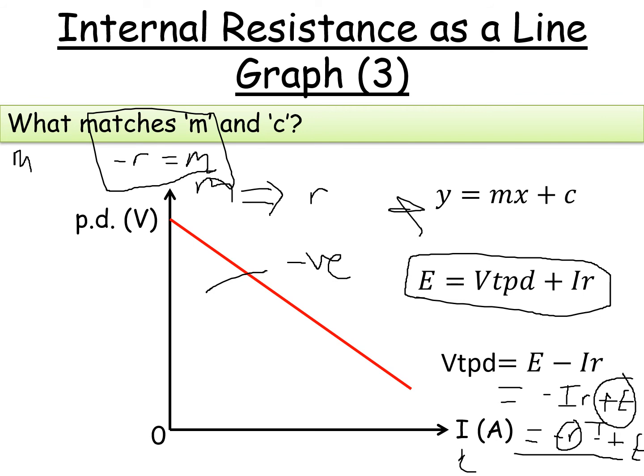Negative resistance has no meaning in physics as far as we know, right? So that's why you can't say the gradient is equal to R. If you do that, that's wrong physics. You've got to say that the gradient implies R is equal to whatever value you calculate.